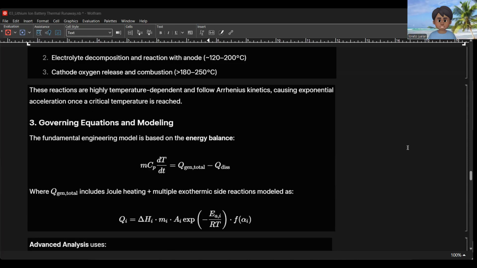The process is modeled using an energy balance equation where the battery's rate of temperature change equals the total heat generated from joule heating and exothermic chemical reactions minus the heat dissipated to the surroundings. The heat generated by the reactions is described by the Arrhenius equation that depends on reaction enthalpy, activation energy, temperature, and the extent of the reactions.